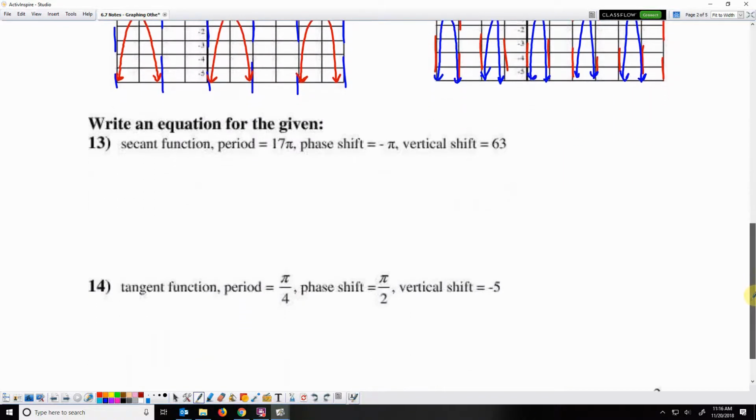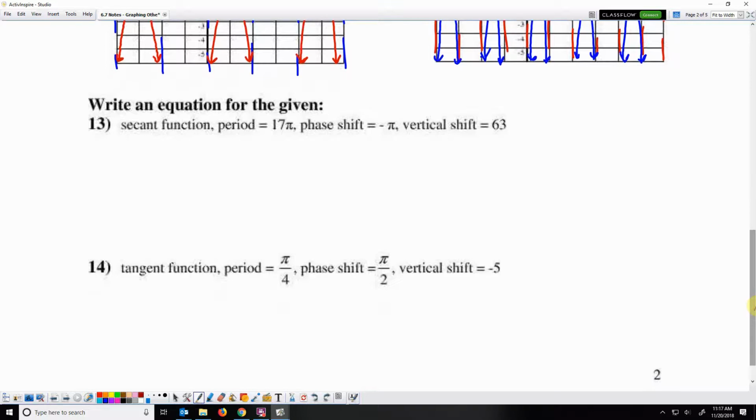And for our last two, we are going to write equations. So to write an equation, just like a sine or cosine wave, we need S, A, D, and B. So we have a secant function with a period of 17 pi.